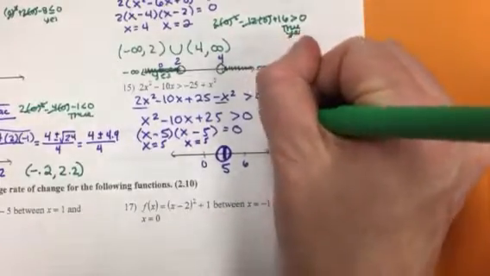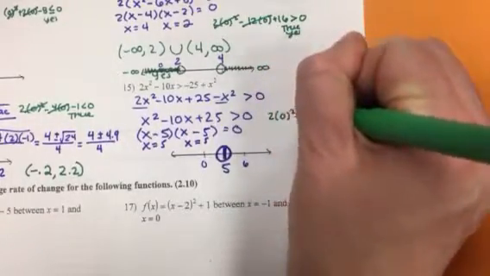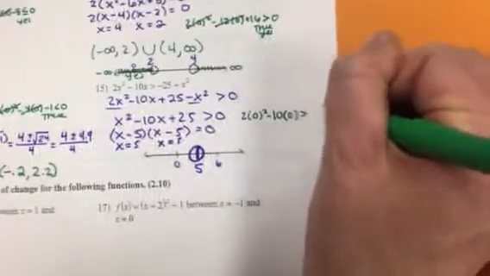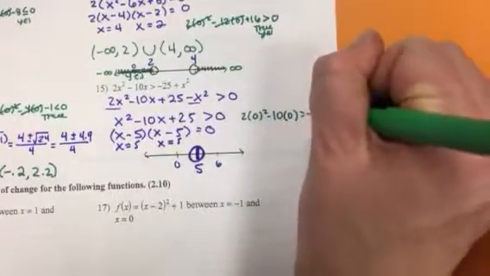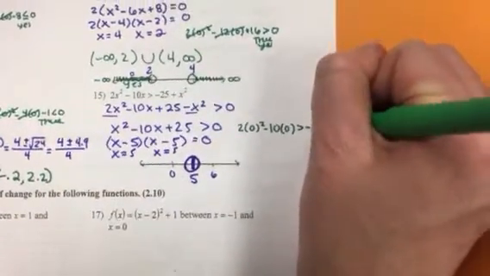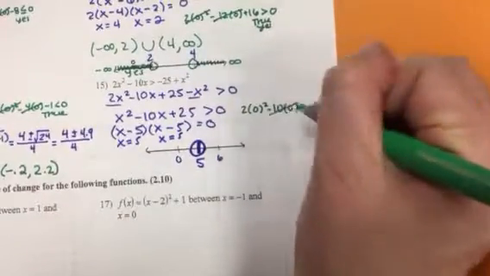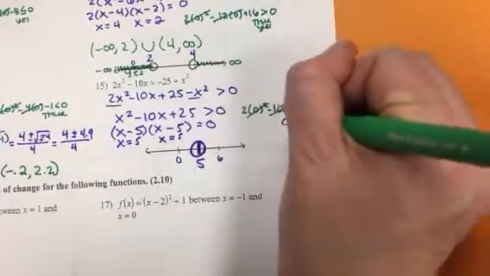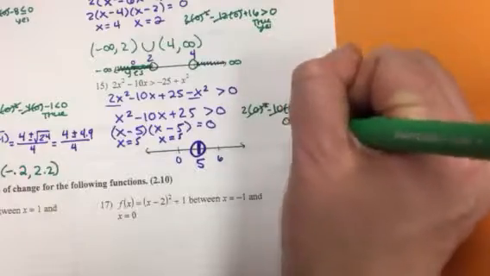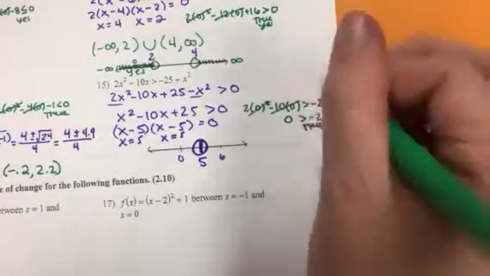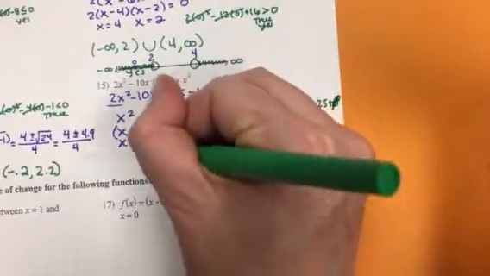So I have 2 times 0 squared minus 10 times 0, negative 25 plus 0 squared. 0 squared is gone. Is 0 greater than negative 25? True, 0 is greater than negative 25, so I shade where the 0 is.